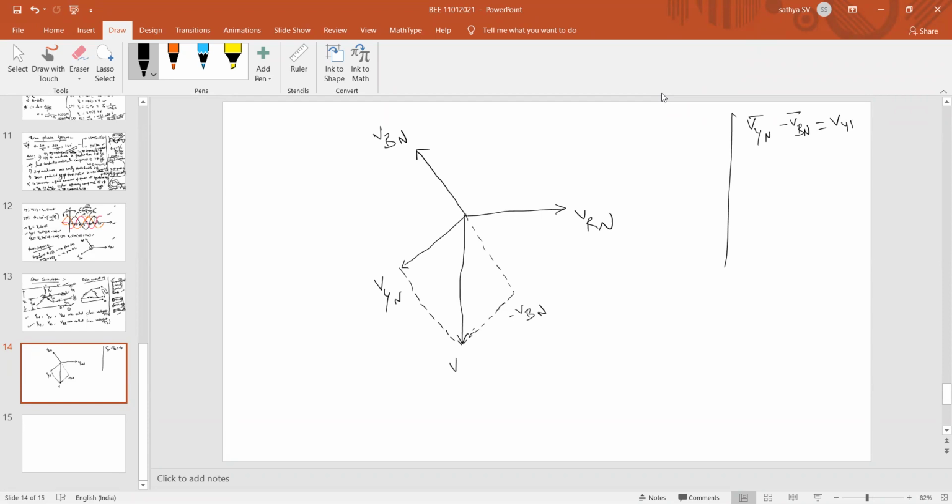What is the resultant vector equal to? VYB, your vectors, your mathematics. VYB, right?